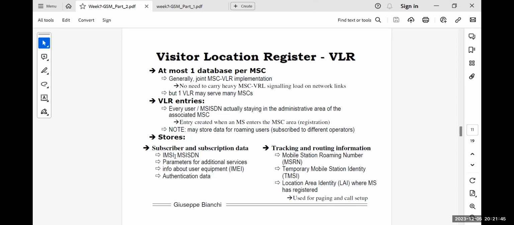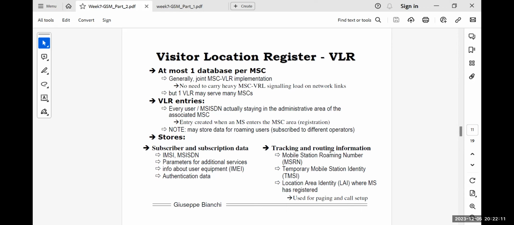It stores the IMSI, the MSISDN number, the parameters for additional services, the IMEI number of your mobile phone, the authentication data, the tracking and routing information, and the mobile station roaming number, which is related to calls or roaming when you go out of your country and subscribe to different roaming services.